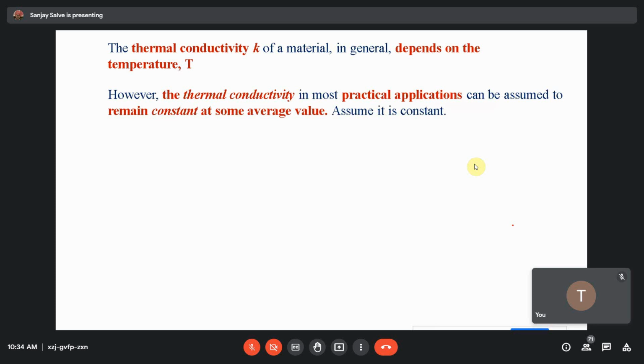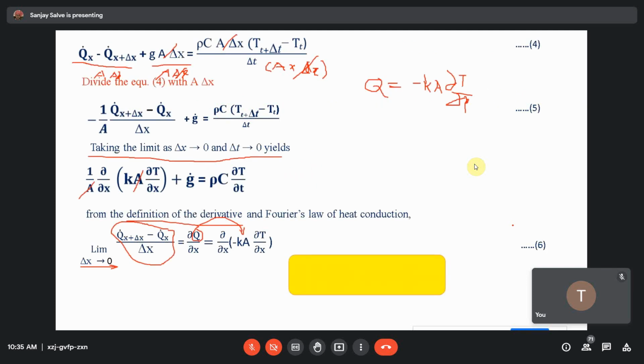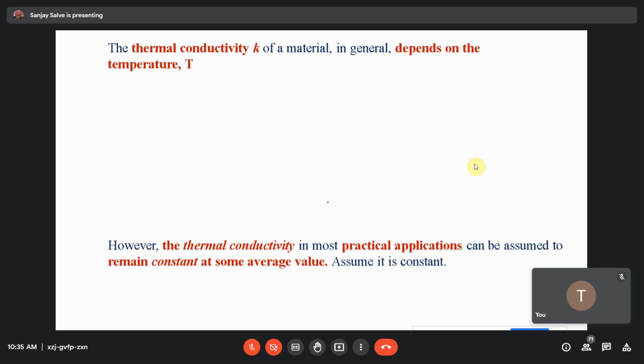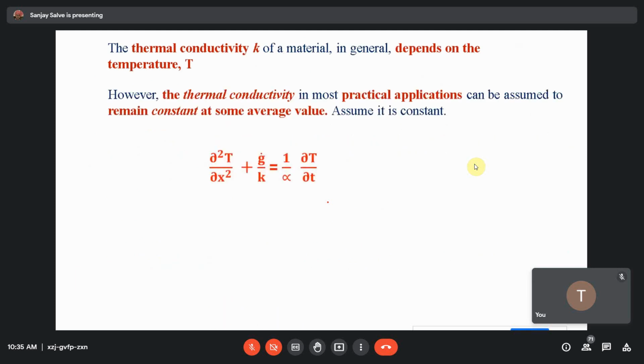Since k is constant, you can divide equation number 7, the yellow strip equation, throughout by k. Left and right hand side, you then have delta square T by delta x square plus g dot by k is equal to 1 by alpha delta T by delta small time t.